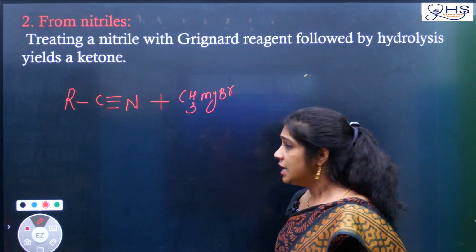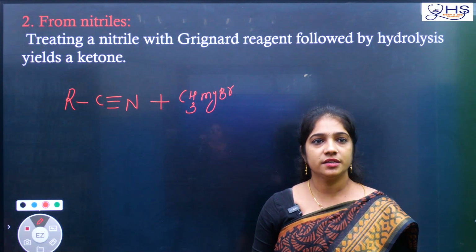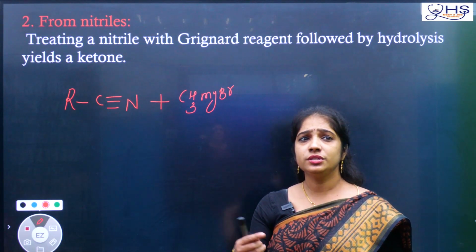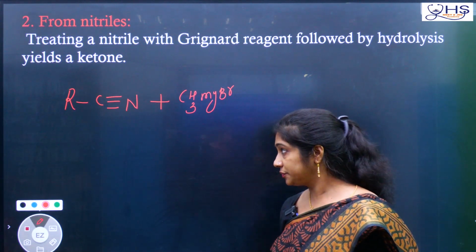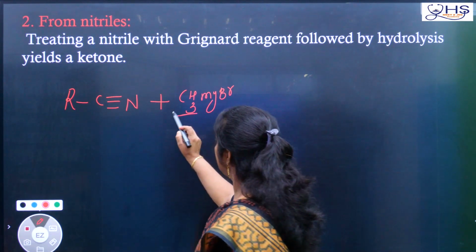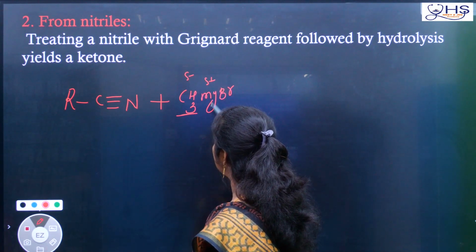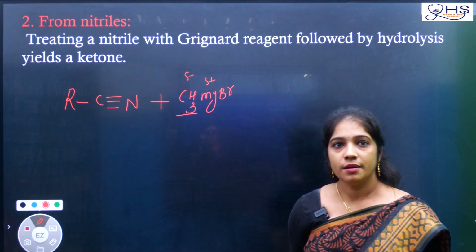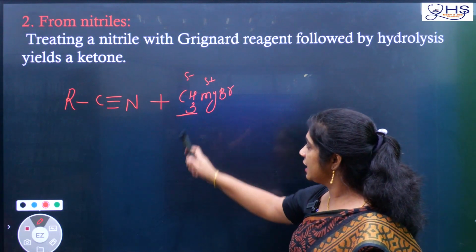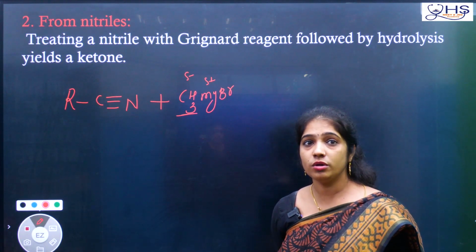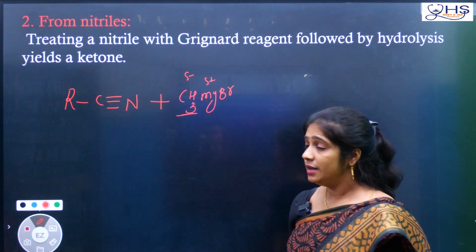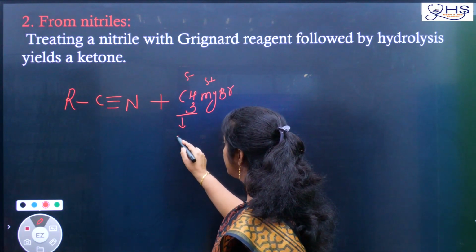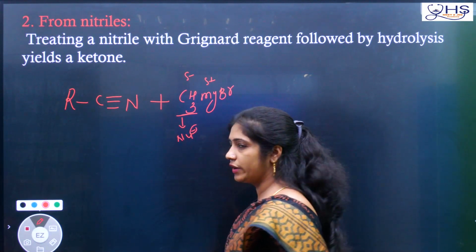And you know very well, Grignard reagent is a very versatile reagent. It is used in almost every chapter of organic. The R group of the Grignard reagent is a nucleophile. Why? Because magnesium is a metal, partially positive, and the alkyl carbon is a non-metal, so it is partially negative. It is a strong nucleophile.